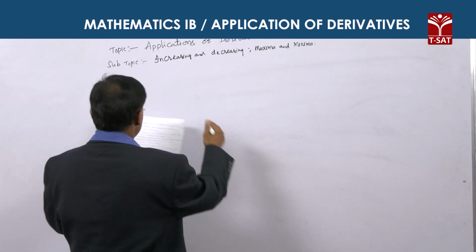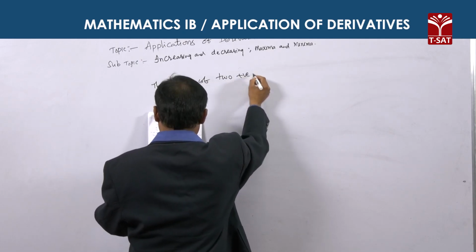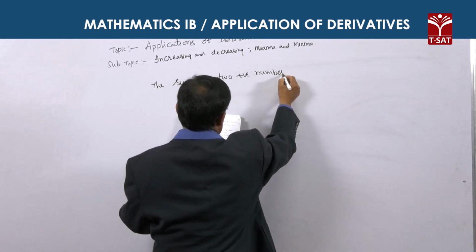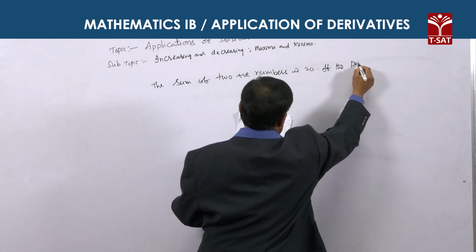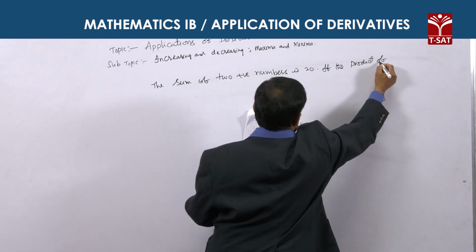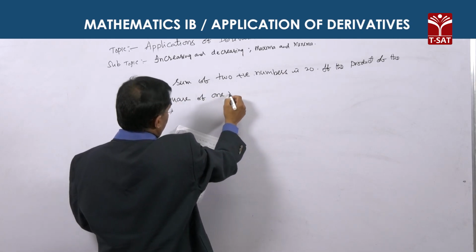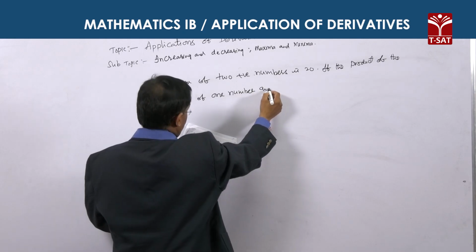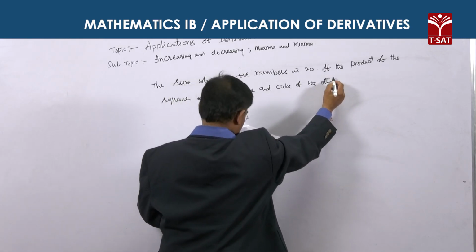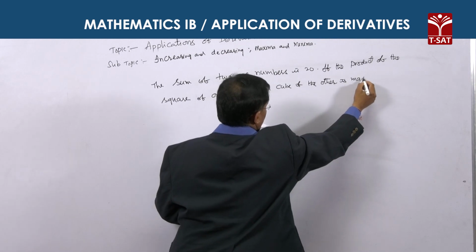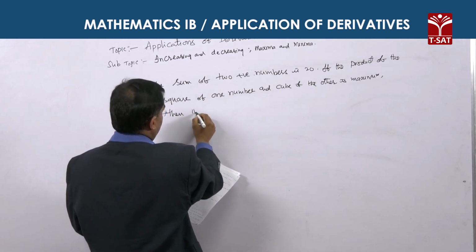Next question. The sum of two positive numbers is 20. If the product of the square of one number and the cube of the other is maximum, then the numbers are dash.